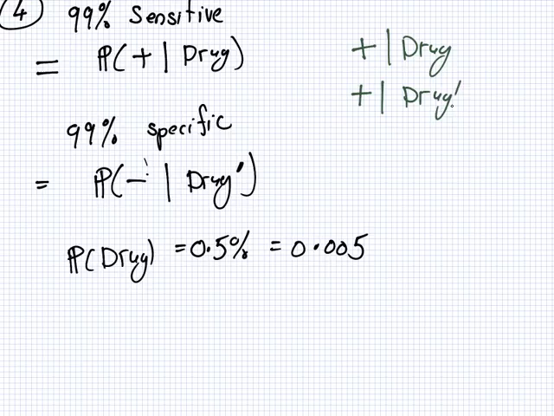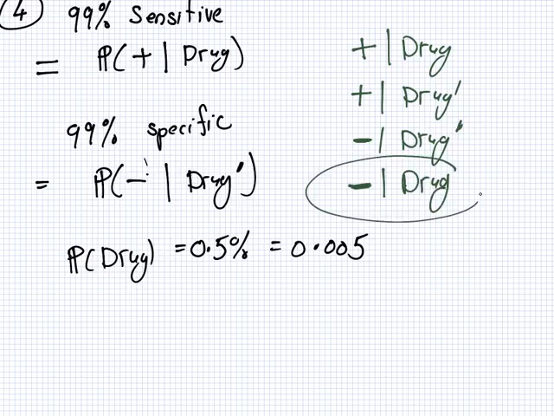The person doesn't use drugs but they have a positive test. How can it? Because the test isn't 100%. It's not perfect. The next situation is the test is negative and the person actually doesn't use drugs. And then the next situation is the best for the person. They get a negative test result and they actually use drugs. So this is win-win for the person. They use drugs and they have a negative test result.